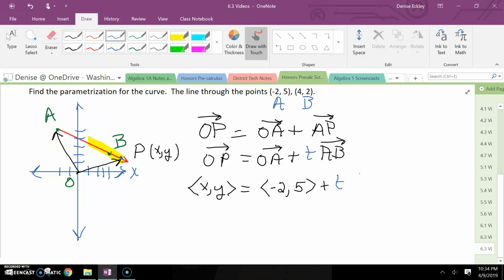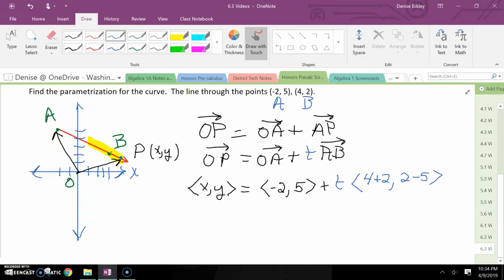So to find AB, I have to use my head-to-tail method, and I'm going to take 4 minus negative 2, or 4 plus 2, and then 2 minus 5.